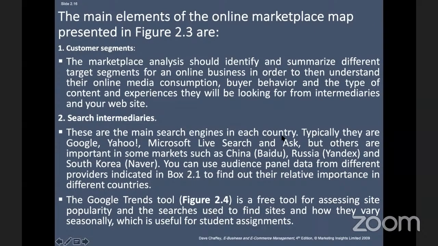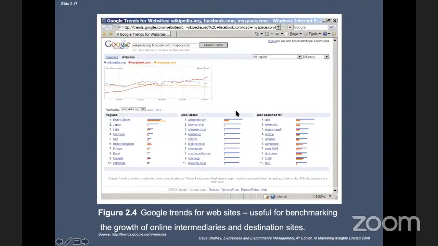Then the Google Trends tool, figure 2.4, is a free tool for assessing sites' popularity and the searches used to find sites and how they vary seasonally, which is useful for student assignments. So here, figure 2.4, Google Trends for websites, useful for benchmarking the growth of online intermediaries and destination sites.